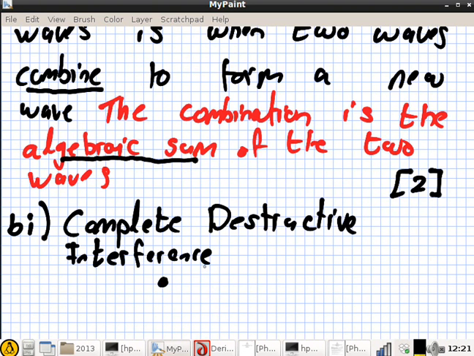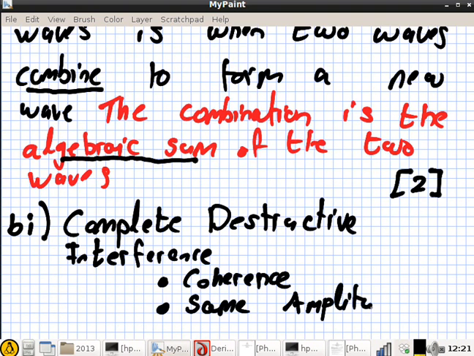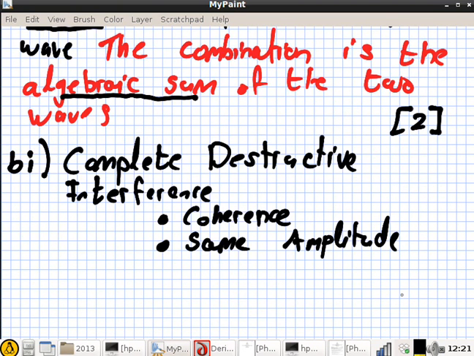Coherence. And what else do we need? Same amplitude. But there's one other thing as well. Let's try not to say opposite.